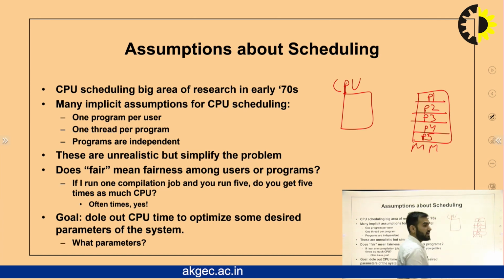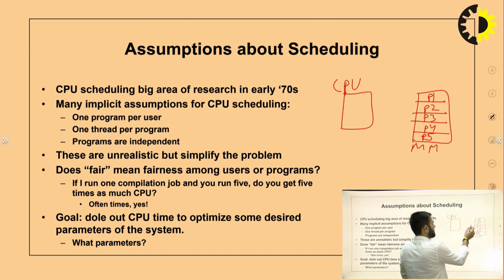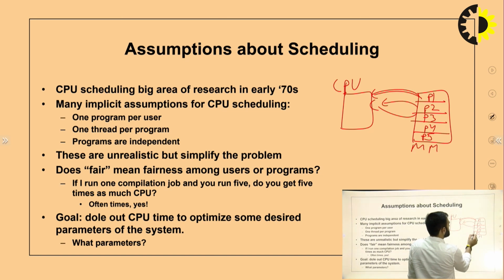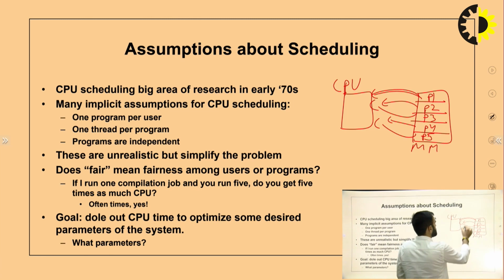This is a CPU. So we'll schedule on the basis of an algorithm, either FCFS, first come first serve, or round robin, that decides what will go to the CPU first. Possibly P1 first, then P3, then P2, then P5, then P4. This is nothing but scheduling.